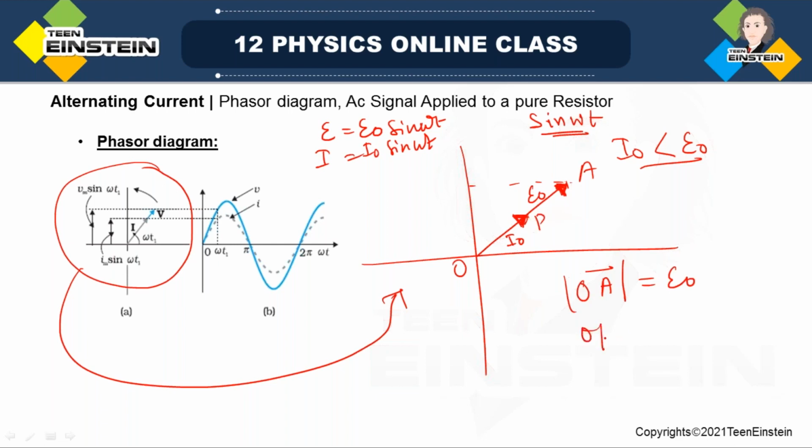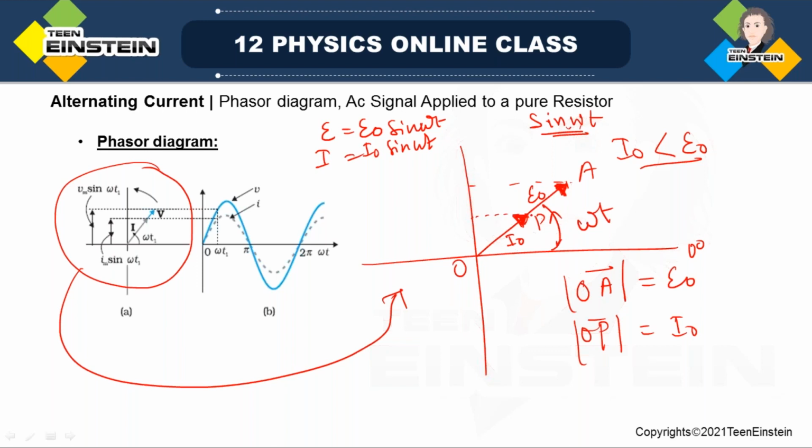If I say this is P, the length of OP will give you this I0. And since they have the same phase angle, omega t, that's why they are coinciding on each other.